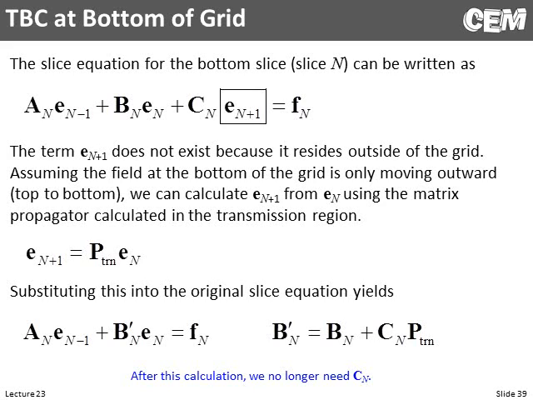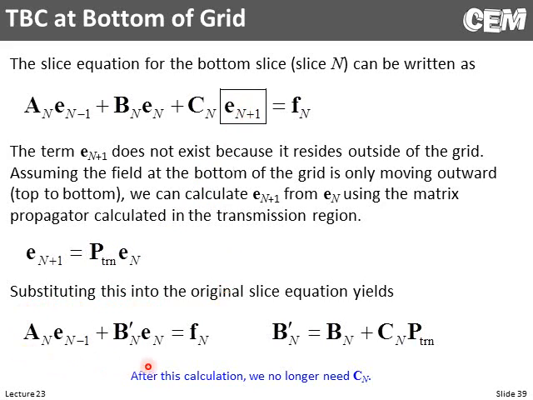A very, very similar thing happens at the bottom of the grid. We have this reference to the electric field at slice n plus 1, but we're only storing n slices. This doesn't exist. But we can calculate the field outside of the grid based on the field inside the grid by multiplying by this propagator on the transmitted side. So now we take this expression for E sub n plus 1, plug it in up here, and in fact that whole term drops off.